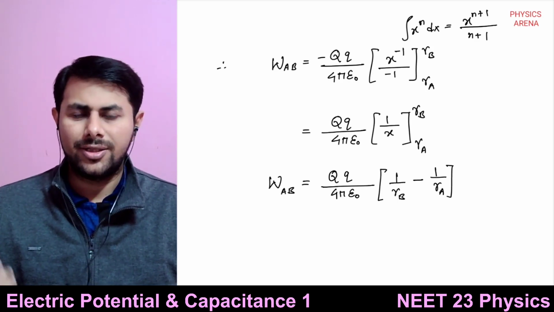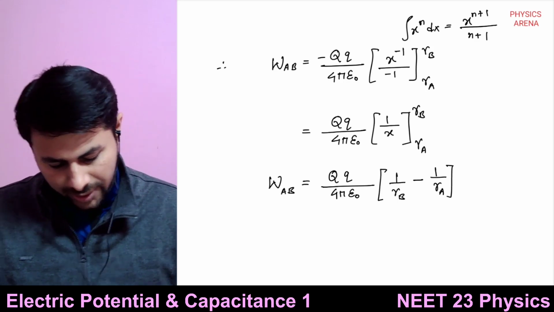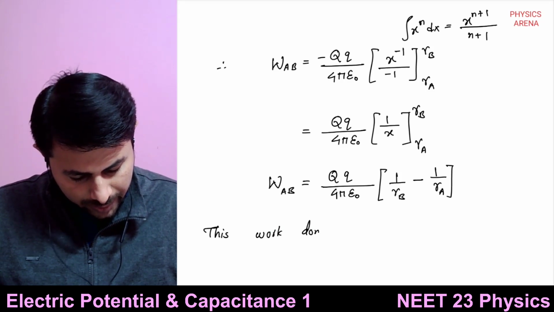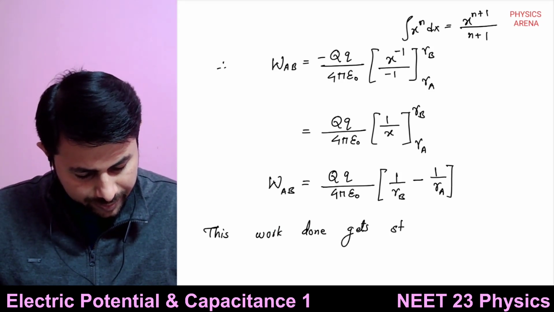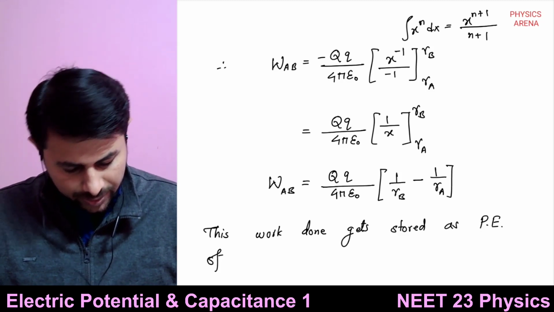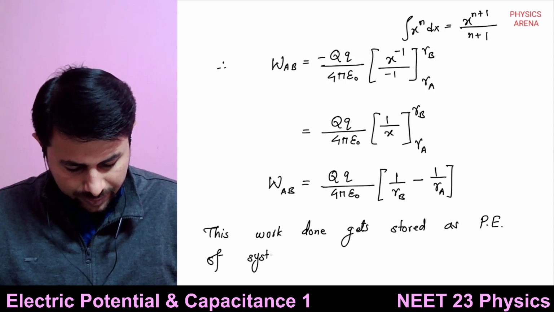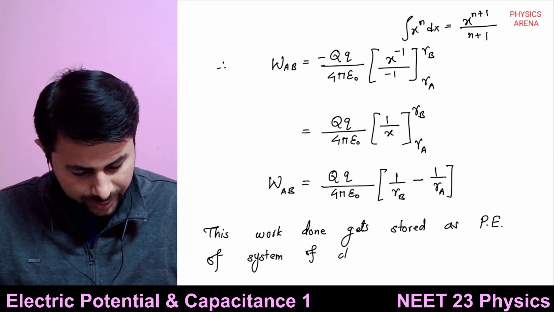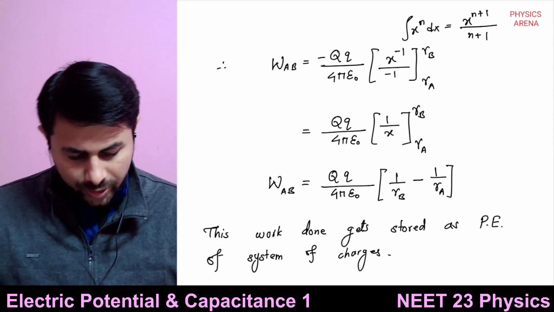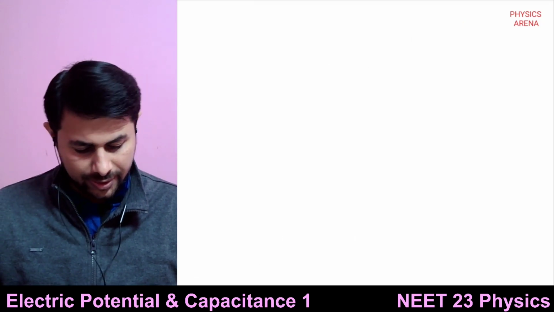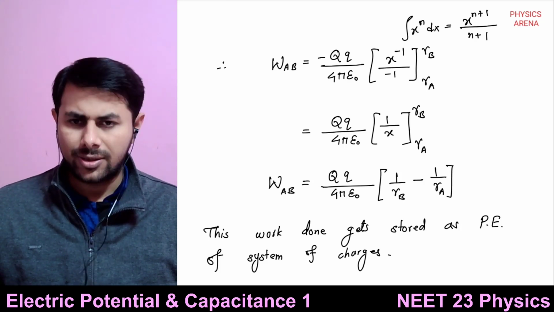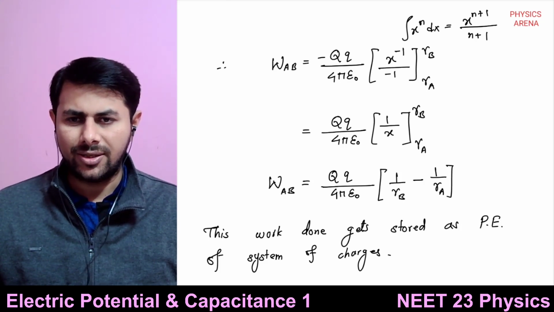So we are moving the charge from point B to A. So this work done gets stored as potential energy of the system of charges. Okay. So potential energy at point A. Okay. So Preeti, is it clear to you or shall I explain once again?